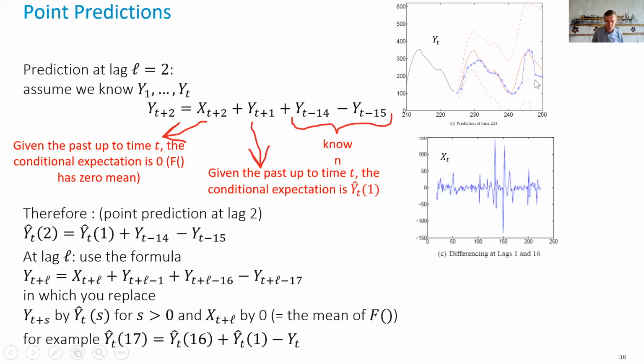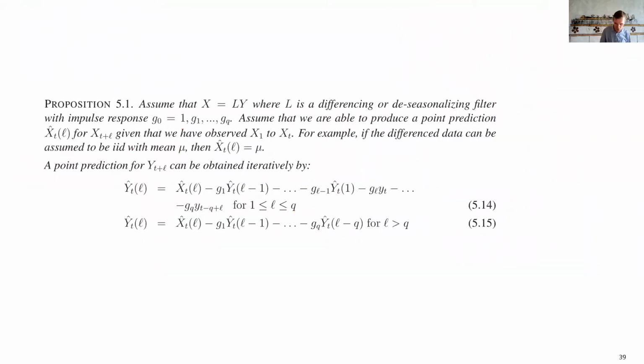In general, we can do that in general terms. If I have derived data x that are filtered from y, I've applied a filter L, whatever the filter is. We had an example where L is the product of Δ_1 and Δ_16, but in general, the only thing I need is the impulse response of L. If I have the impulse response of L, that means I can write x as a linear combination of the y's, with coefficients given by the impulse response.